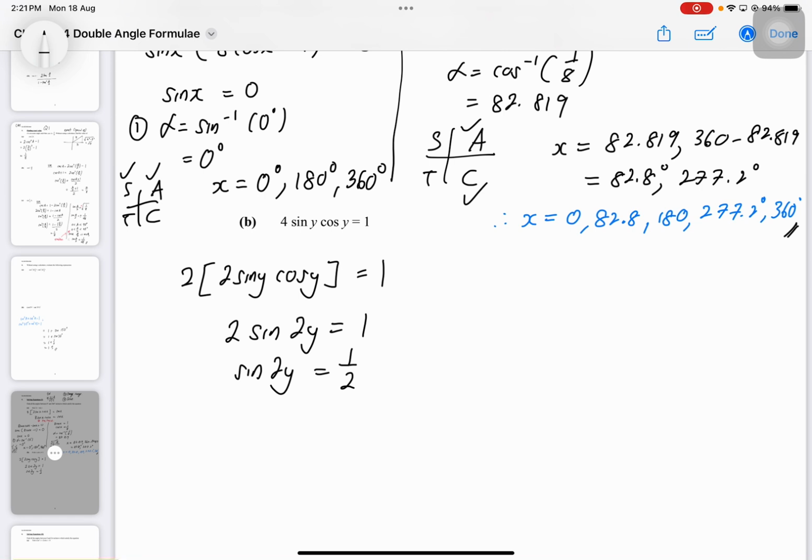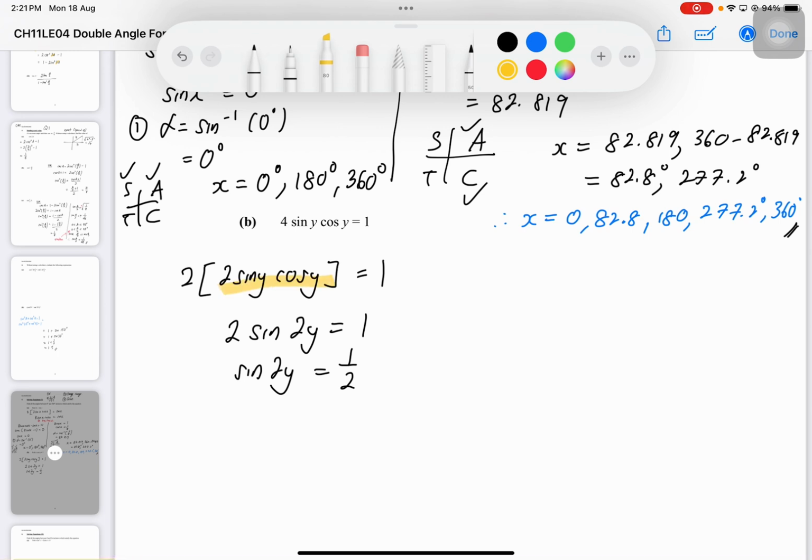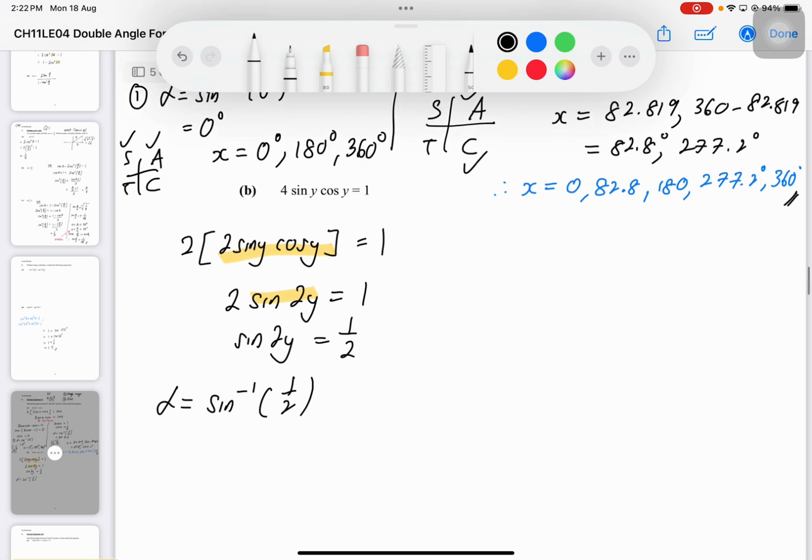So I highlight, maybe it's clearer for you. This part in yellow uses the double angle formula. Okay, so first step, find alpha. Sine inverse half. Alpha is 30 degrees.